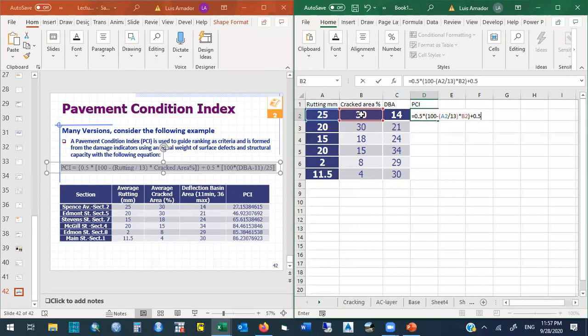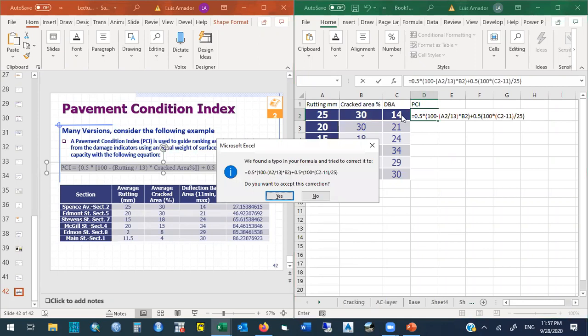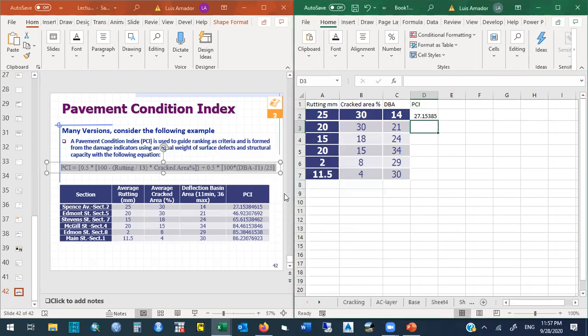And then I'm adding another 50%, which comes from 100 times the DBA minus 11, which is the minimum, divided by 25. Okay, so apparently it's correct.